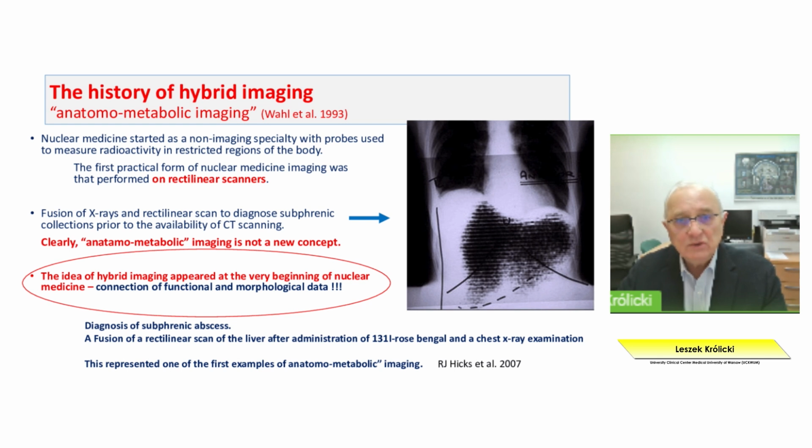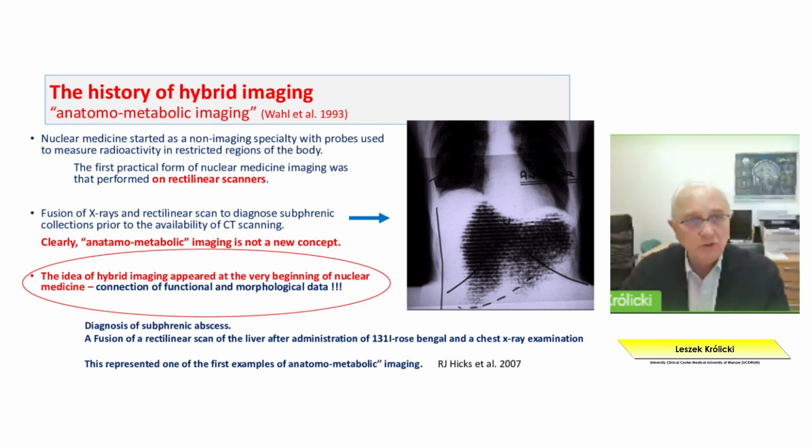So the idea of hybrid imaging is quite an old story. I found this image. So this is a radiological image of a patient. So there is a scintigraphy of the liver, and the physician was trying to identify the location of the abscess near the liver.